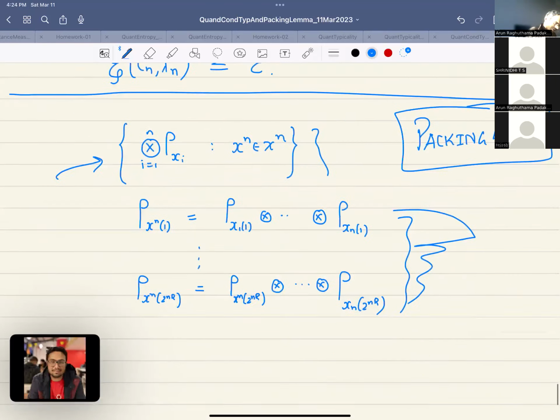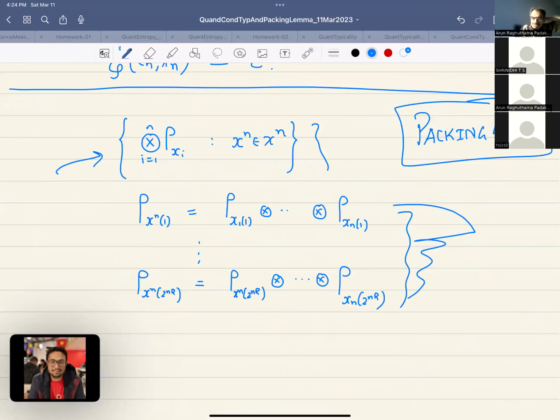Yeah, question. Yeah, please. Saptarishi, you have a question? Yeah, sir. Which part should I refer to in Wilde? Yeah, I'm doing it slightly differently from Wilde, but this is essentially in chapter 20. Wilde gives a different motivation for the packing lemma, and I don't know if that is very convincing.